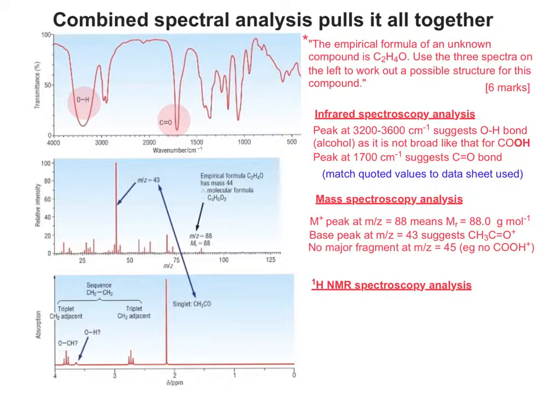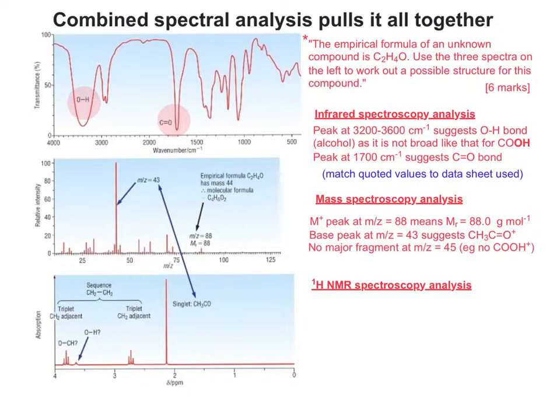So 1,700 falls within the value of the data sheet. The data sheet, I'm just reading it off here, says 1630 to 1820, but it's quite clear that that peak matches 1,700 if you look at the scale. The OH peak is not quite so clear, so what you have to do there is quote the range. The range from the data sheet, I'm reading it off again here, is 3,200 to 3,600 centimetres to the minus 1.